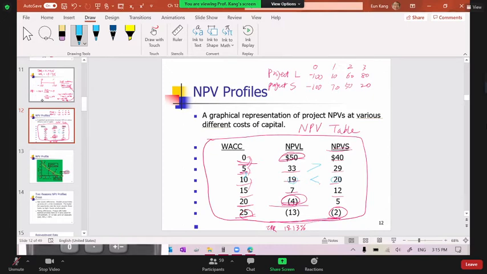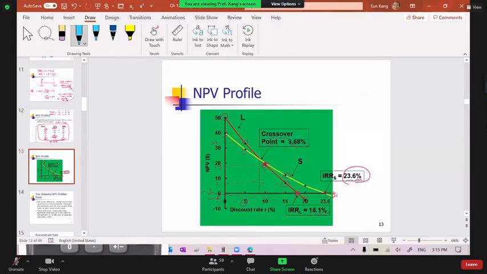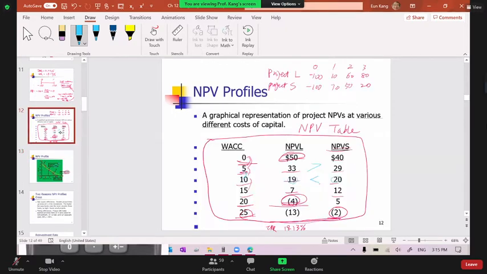Besides, if this is an exam, I may ask you up to 3 decimal points. Then that will be very difficult, right? Like this one, the crossover point is only 2 decimals, 8.68%. But if I ask you up to 3 decimal points, then what? If you do it this way, just plug in the WACC and see how close they are, that's a waste of time.